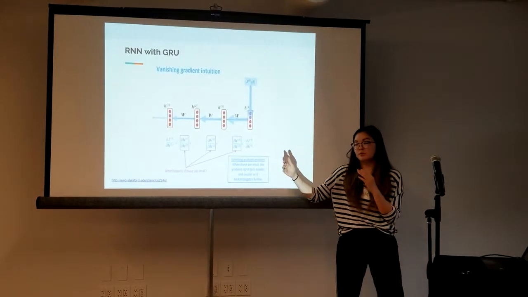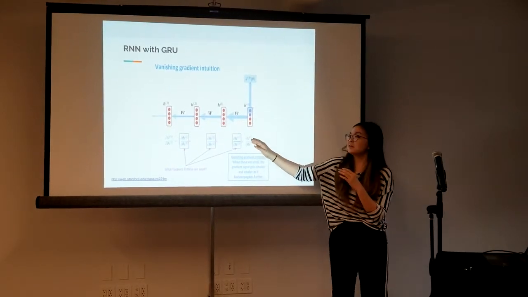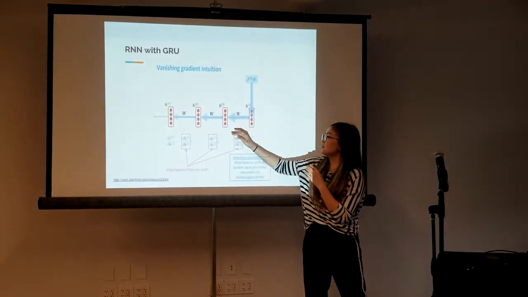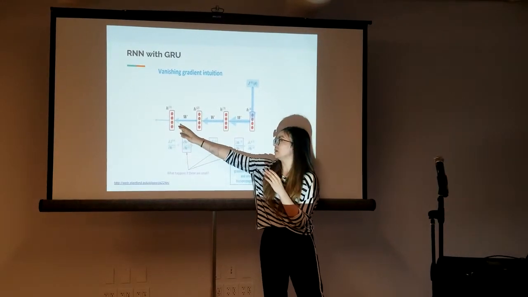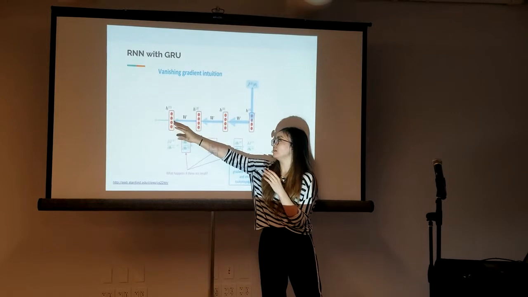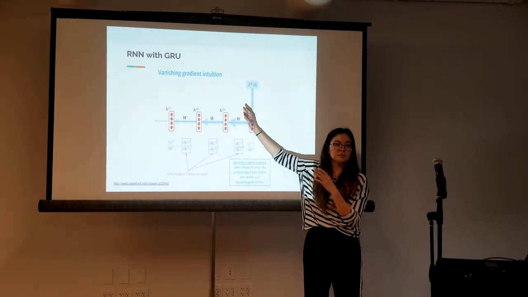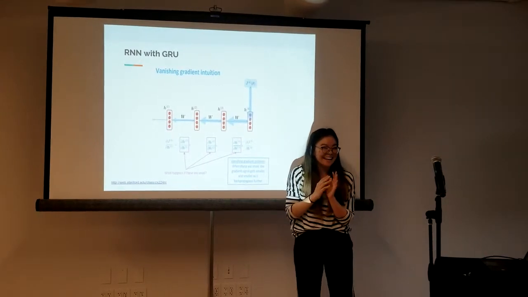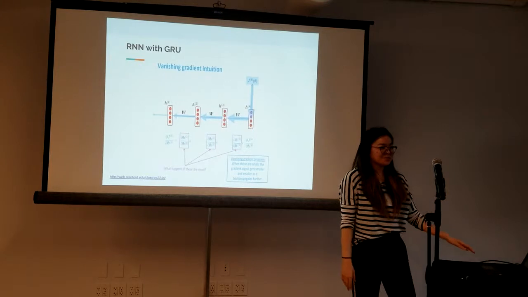In that way, you don't have this vanishing gradient problem where hidden units from the beginning don't have as much effect on the final outcome. Does that make sense? I would be happy to talk about this more after.